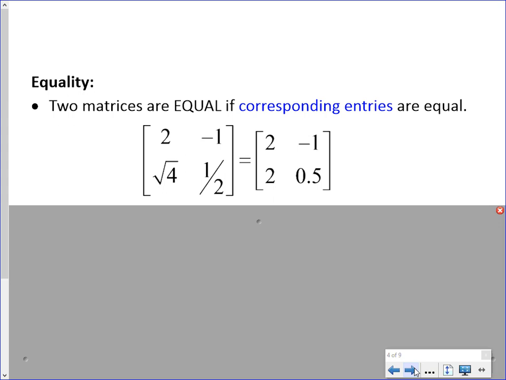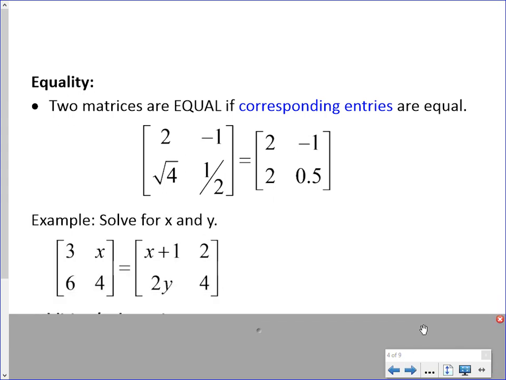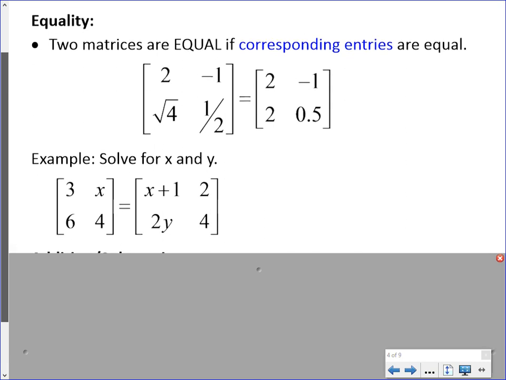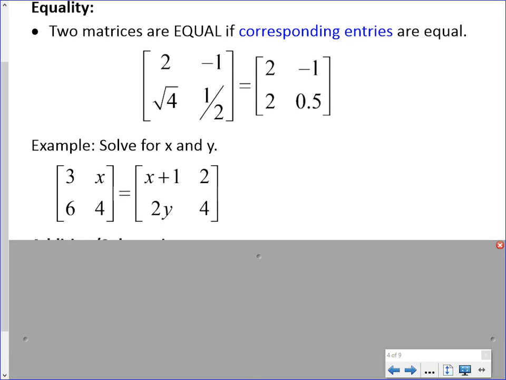So that gives us the ability in a problem like this, we can solve for variables inside of our matrices if we know two matrices are equal. So I have, again, two square matrices, and they could be any order for matrices here, but I've got 3x and then 6, 4.